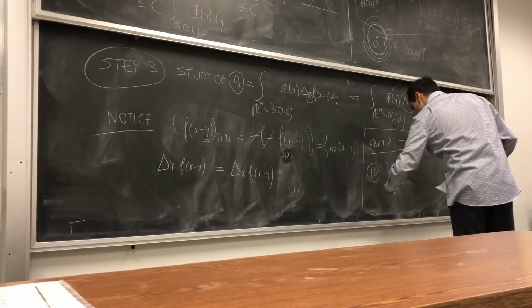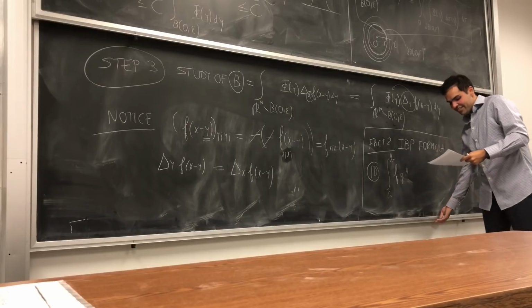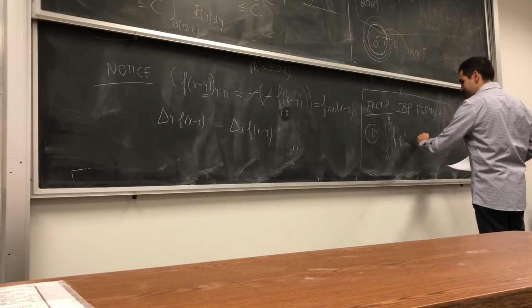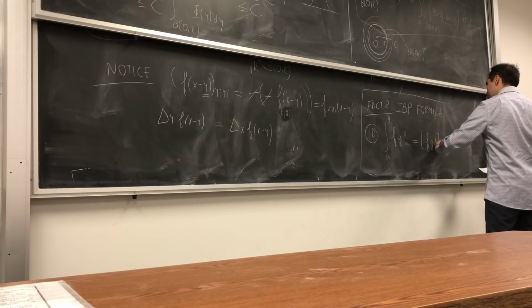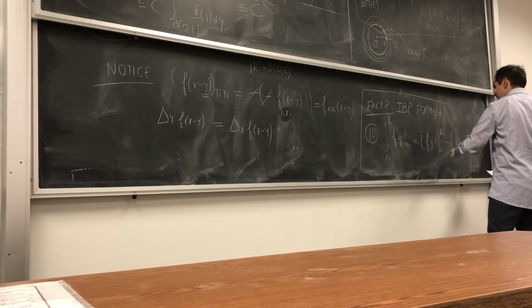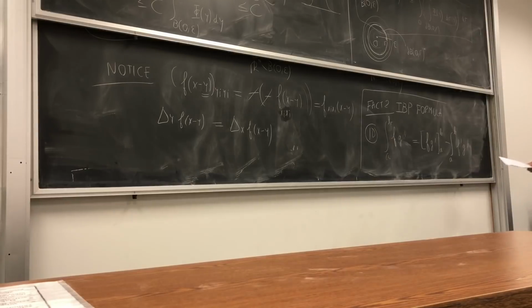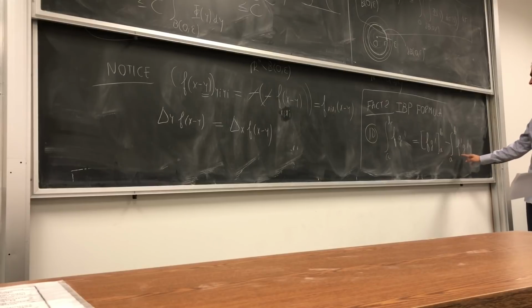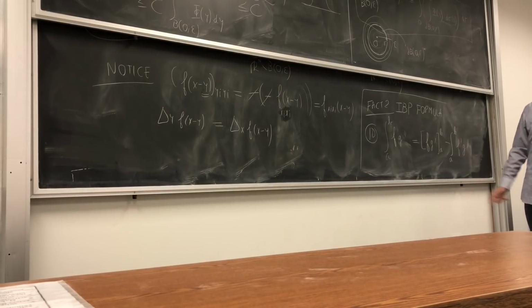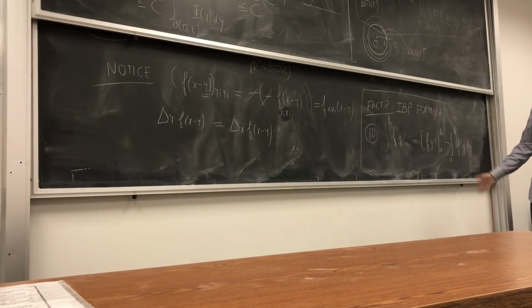The integral from a to b of f g double prime dx is the same as, if you integrate by parts, f times g prime from a to b minus the integral from a to b of f prime g prime. Here you have a function and then its derivative, and here we have the product of two derivatives. The formula I write down in a second is very similar to this, so just watch for this.